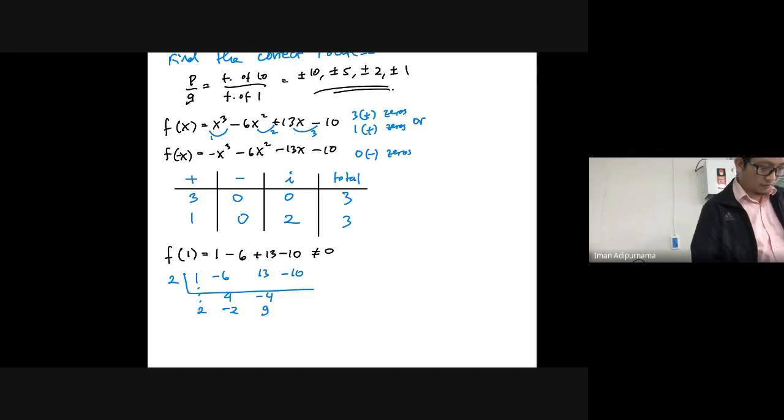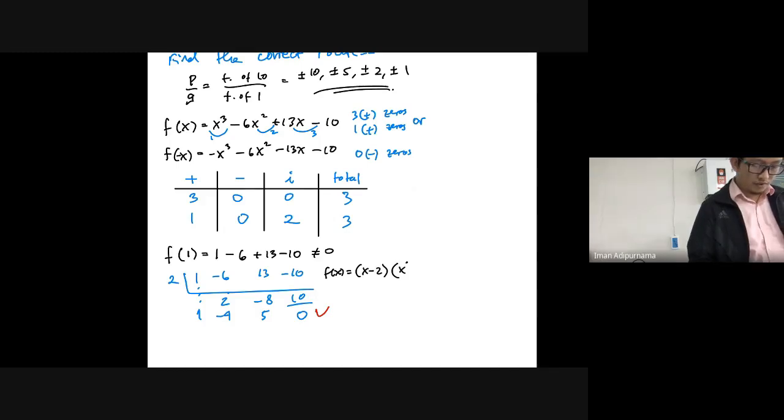Oh, wait, I made a mistake. It should be 1, negative 4, 5, and the remainder is 0. So you can have our f of x is x minus 2 times x squared minus 4x plus 5.